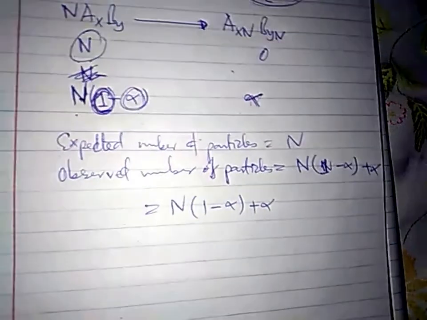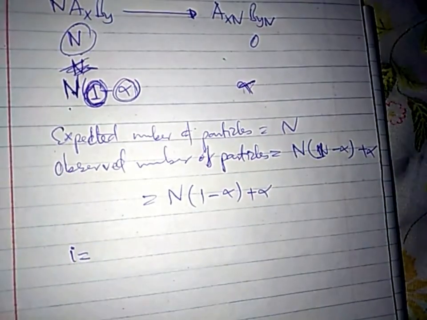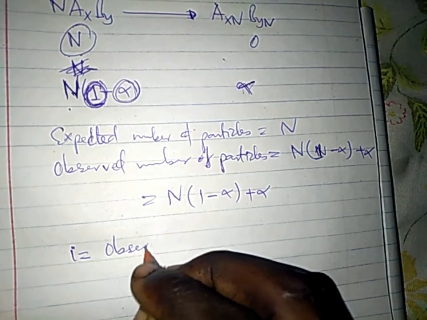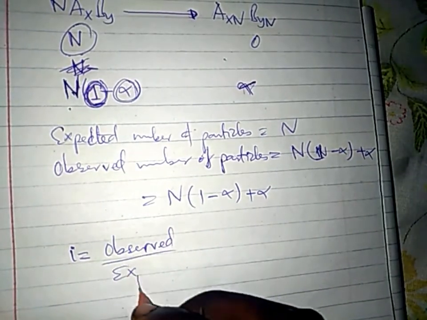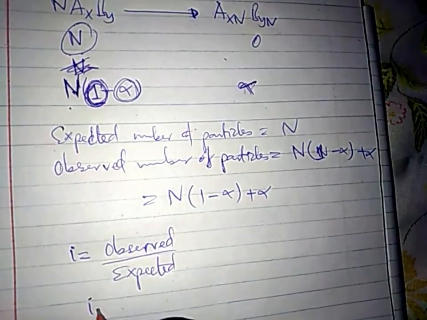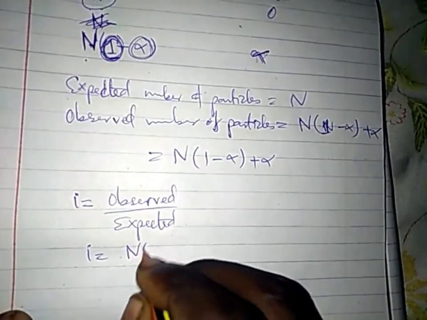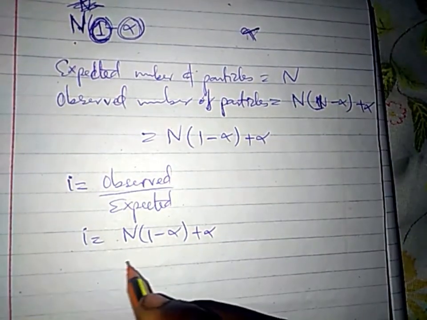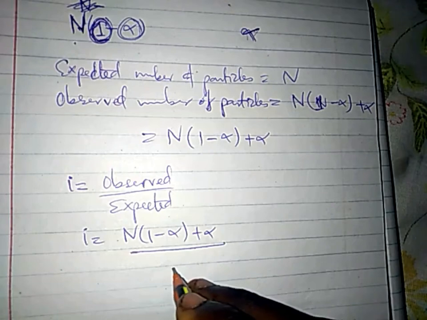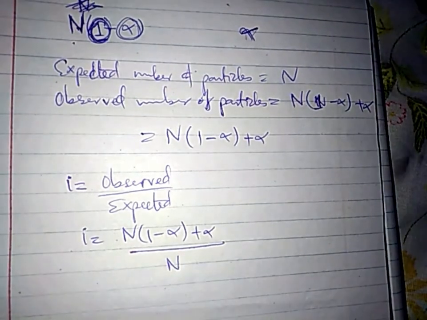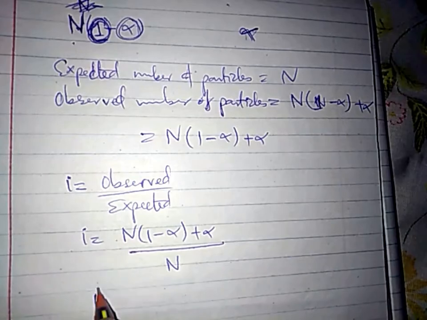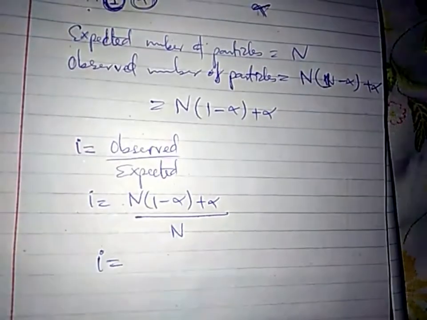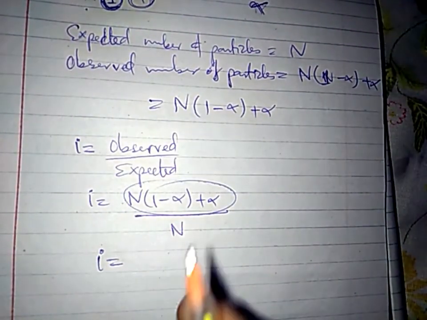Now let's come to the concept of Vantage Factor again, and then we are saying the Vantage Factor is equal to observed number of particles, observed divided by expected. So Vantage Factor I will be equal to observed, that is n 1 minus z plus, then we divide by expected n. So actually Vantage Factor hapa tunatakiwa to make subject the degree of dissociation.